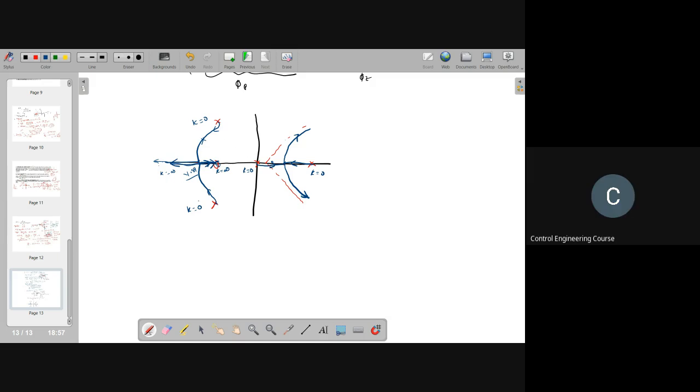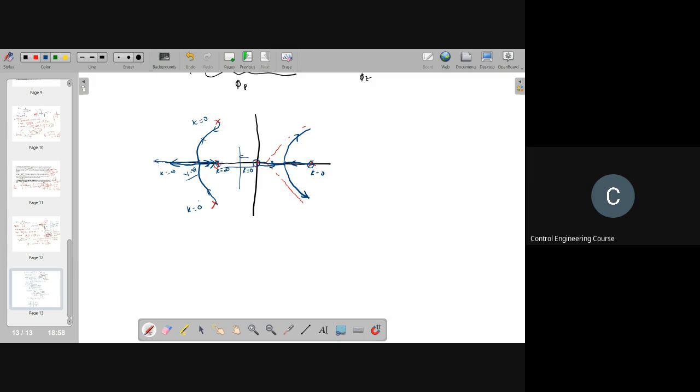Here also the same. Two poles are starting, one at k equal to 0 at this pole and one at this pole. Two branches are starting and they are meeting each other. They won't go in this direction because there is no real branch here, as we already saw, because the number of poles and zeros to the right of this point will be even.